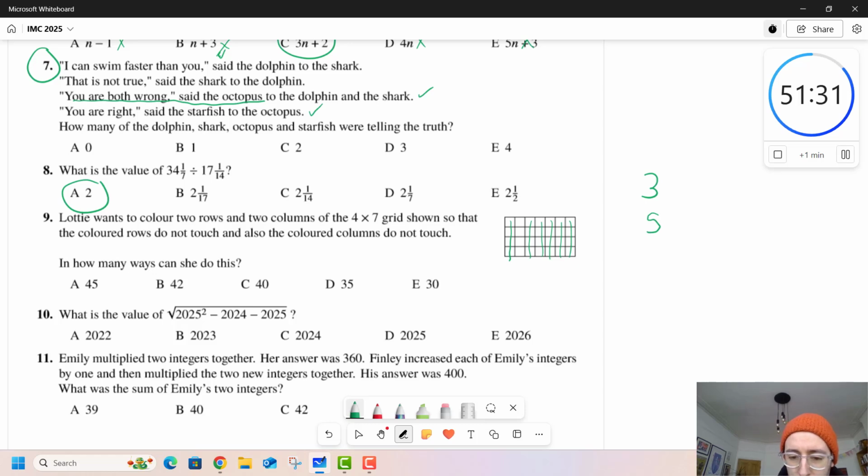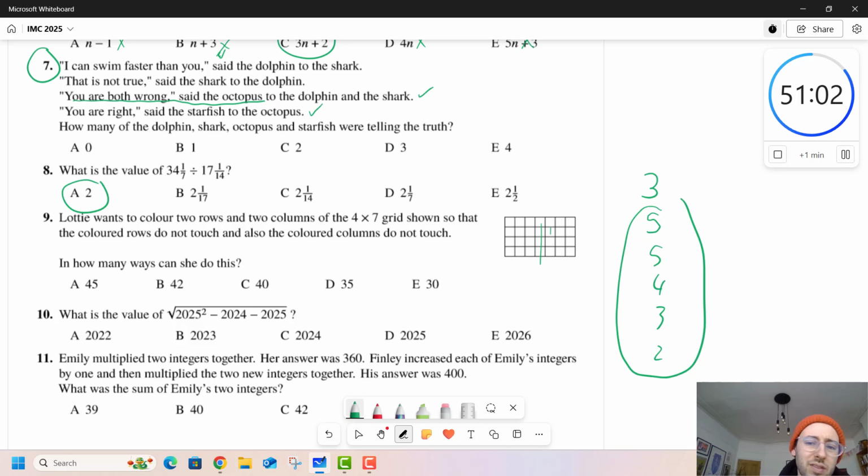And then I've got, if I put this here, then I've got 1, 2, 3, 4, 5. If I put it here, then I've got 1, 2, 3, 4. And if I put it here, I've got 1, 2, 3. And if I put it here, I've got 2. So here there's, oh, I've got way too many, because that's 10.